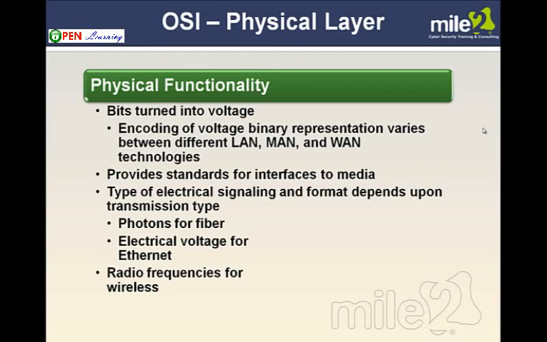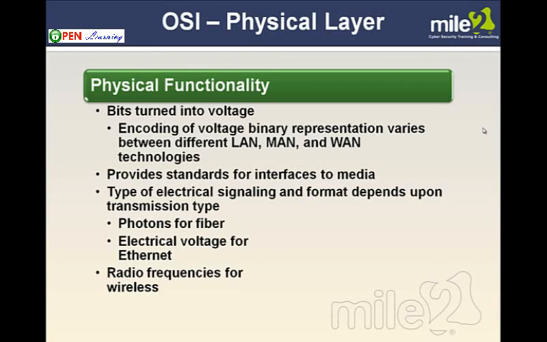So you're thinking bits, 0 and 1. And with bits, bits are turned into voltage. So encoding a voltage binary representation varies between your different technologies. You've got your local area network, your metropolitan area network, and your wide area network technologies, and there's some definite differences there.